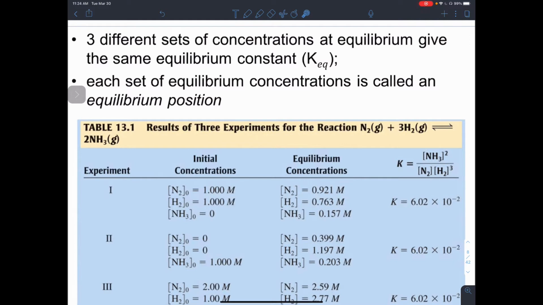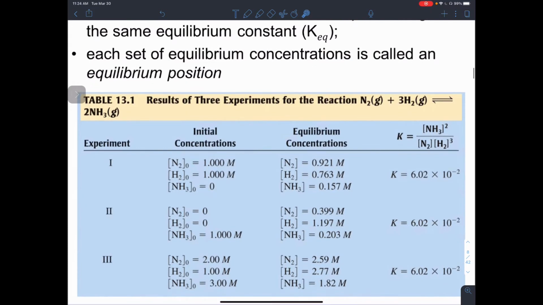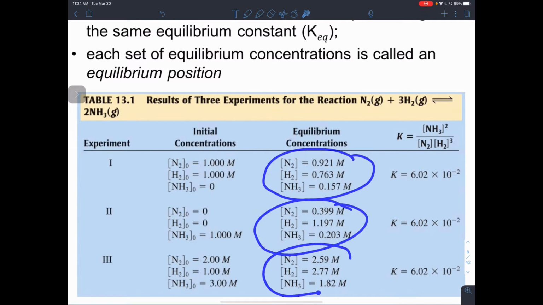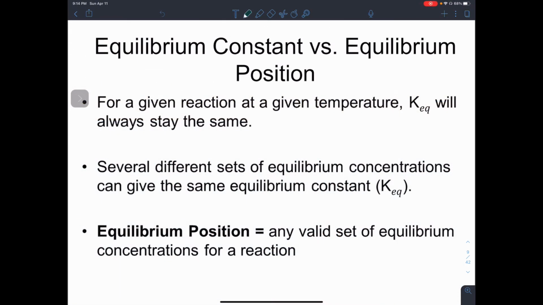Each set is called an equilibrium position. So we can determine what the equilibrium constant would be at this position, or at this position of equilibrium concentrations, and we get the matching. So what we've actually seen an example of here is equilibrium position.